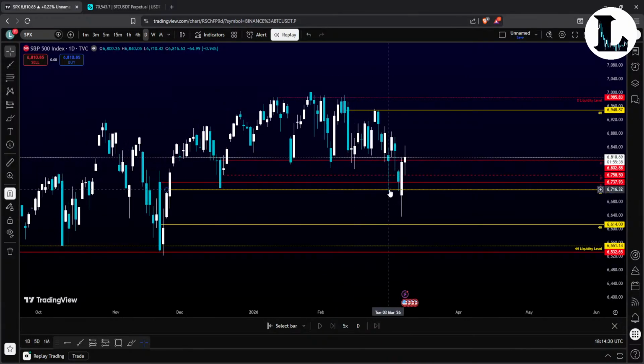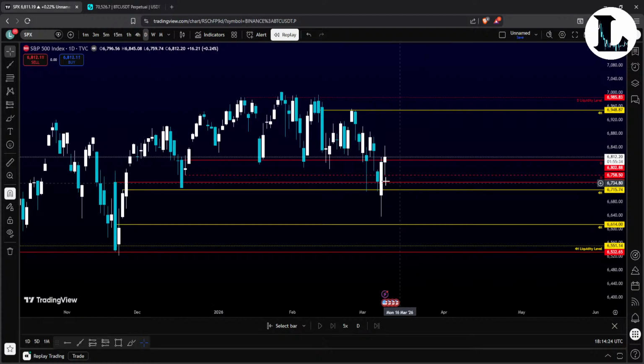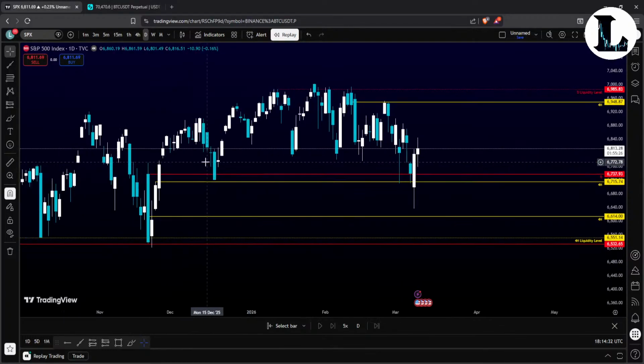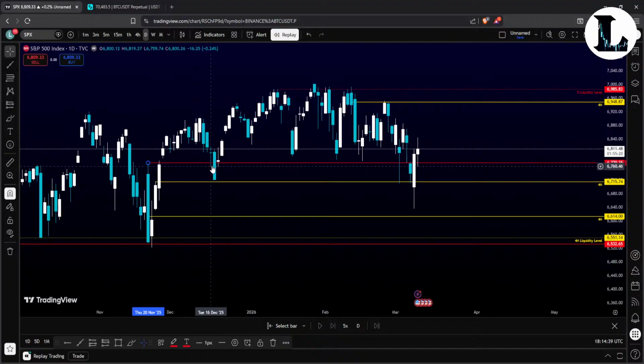Still got a strong reaction, but it kind of fails here and goes to the next support, right? This break level was broken, this support was broken. We are still holding this daily. It was tested one time here, second time, and third time here.